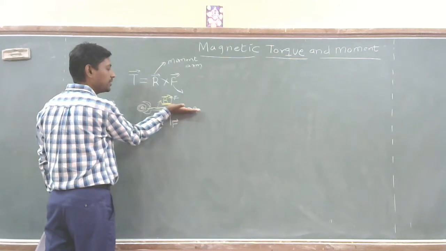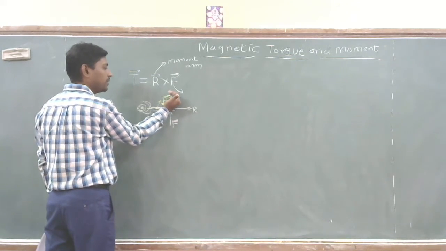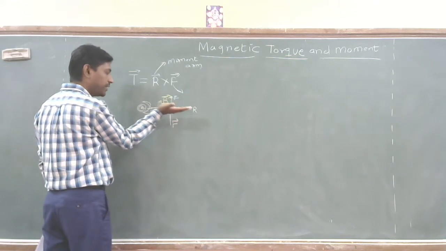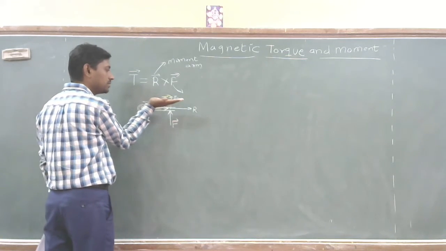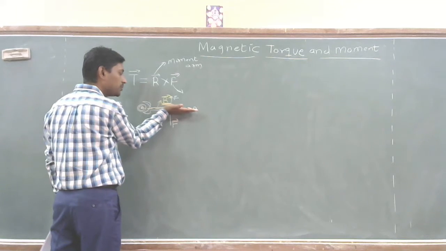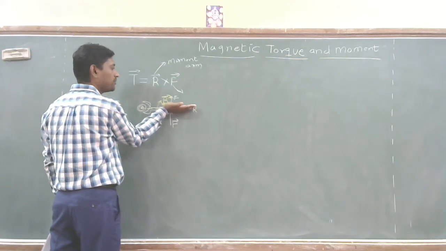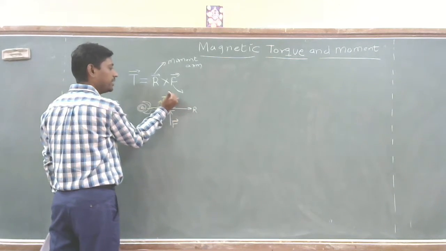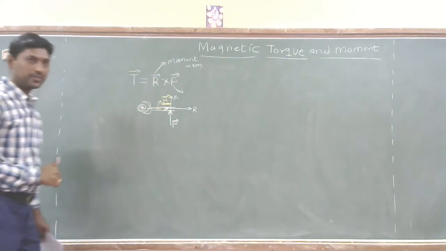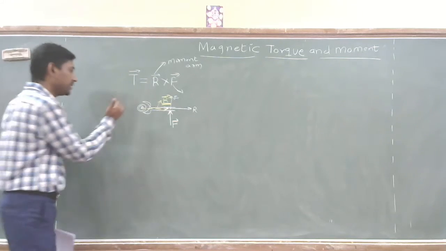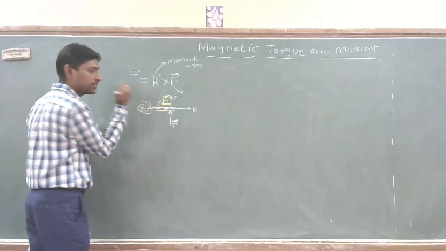First, align your palm in the direction of the arm and rotate your fingers towards this F. Your thumb will point in the direction of the torque, and the torque direction will be like this.